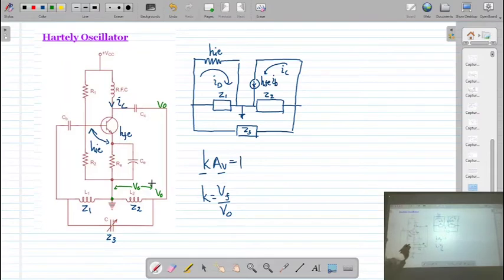Now remember here, L1 and L2 are in series, but how is the voltage going to be induced in the inductor?